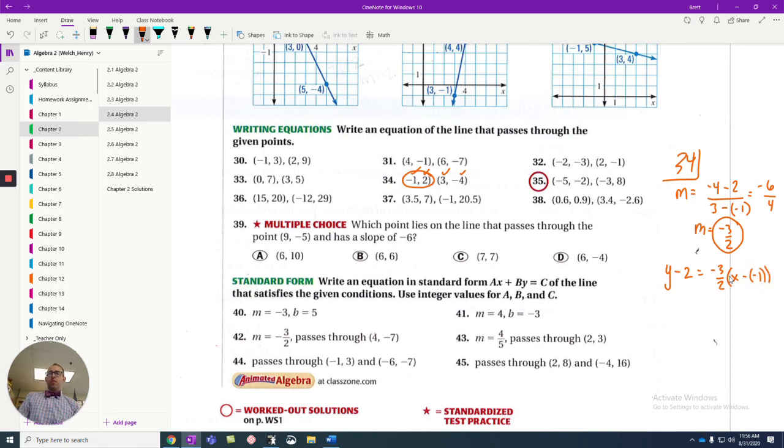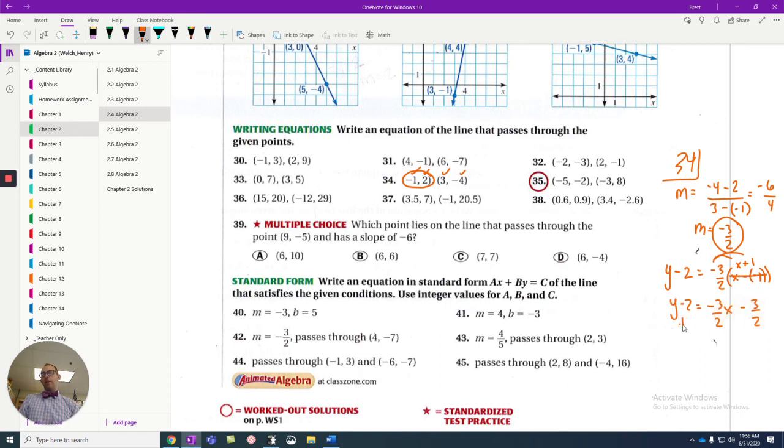Well, minus -1, this is really x plus 1. I'm going to do that just to simplify my life a little bit. And I need to distribute. So I get y minus 2 equals -3/2 x minus 3/2.